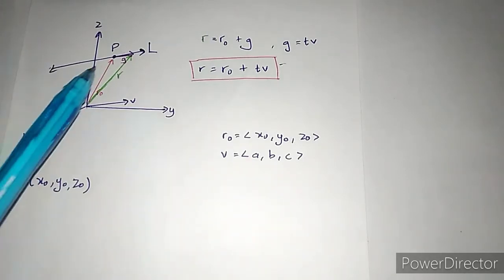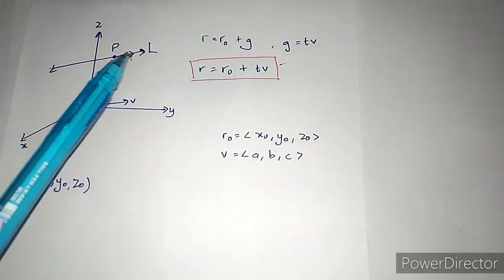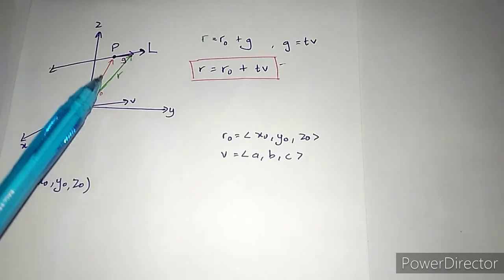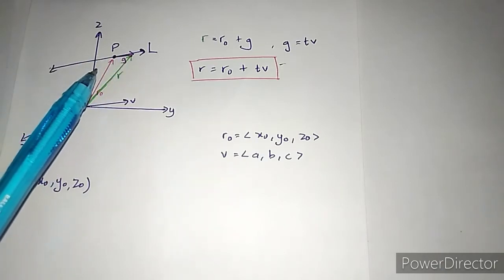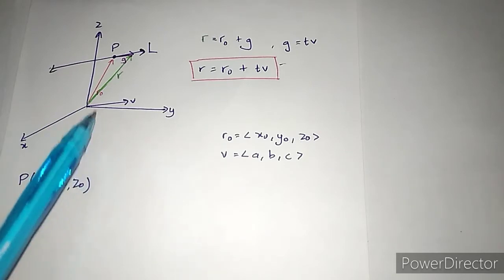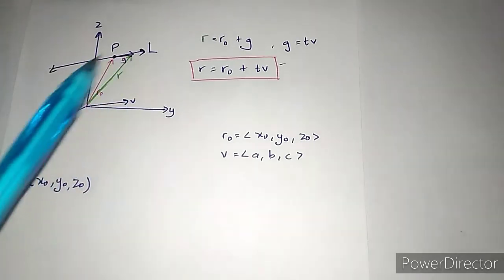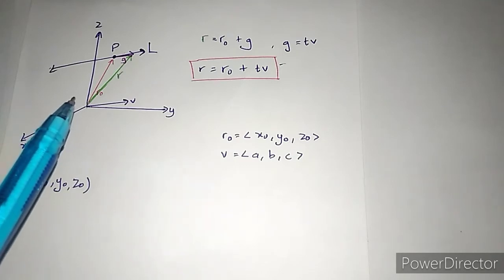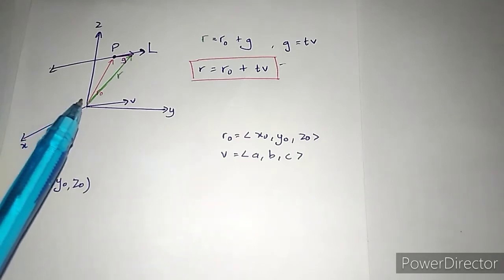And let's extend this with another vector. Let's call this vector g. If we take the vector sum of those two vectors, it will give us the position vector r.